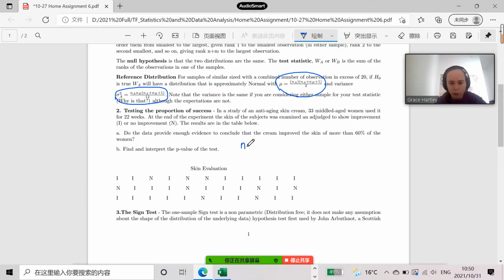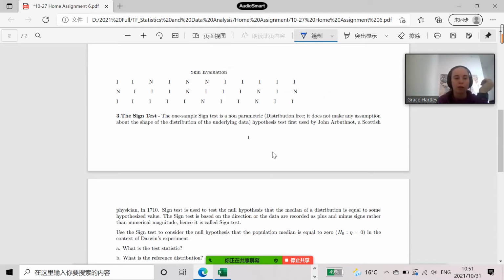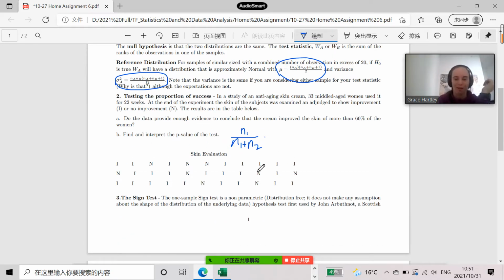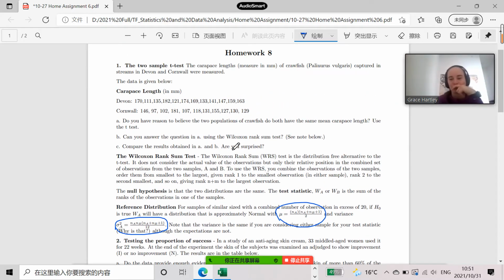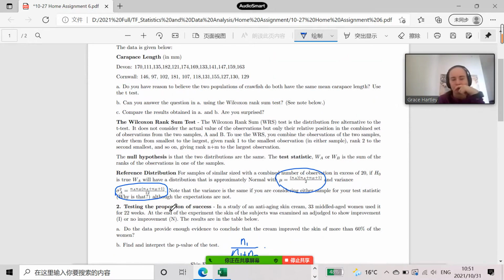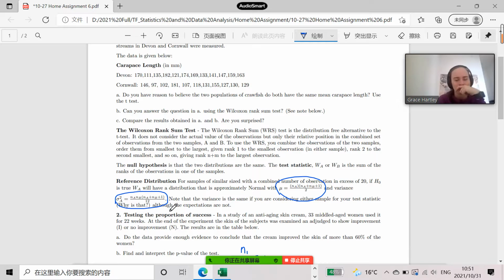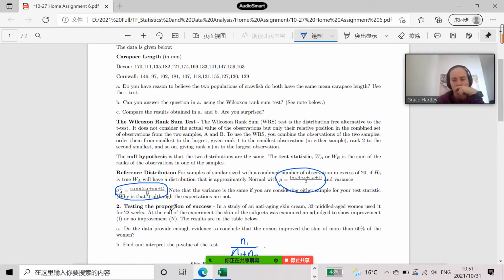I'm looking for the mu, but I don't know what that NA plus NB means. What are NAs and NBs? What would be a good example of that? It's just like what you did in the t-test, N1 and N2.